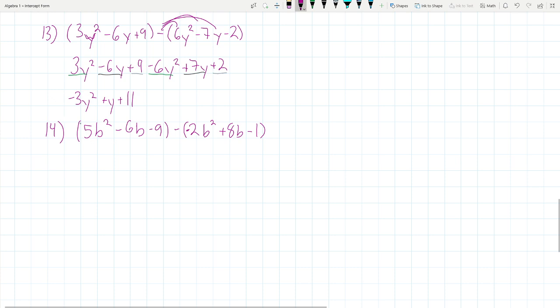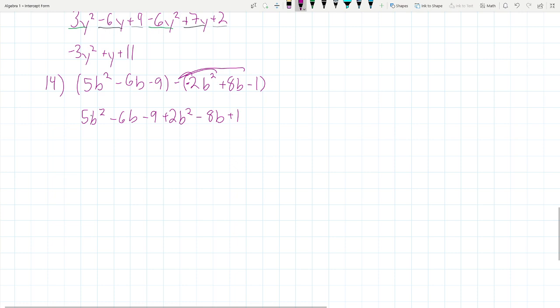So again, I'm going to look to the left, and I go, okay, 5b squared minus 6b minus 9. All right, I have this negative. It's going to distribute out. So I have plus 2b squared minus 8b plus 1.